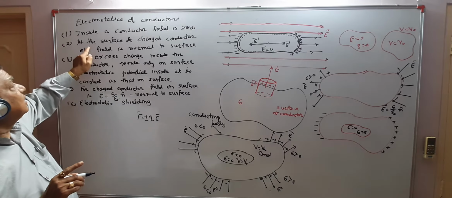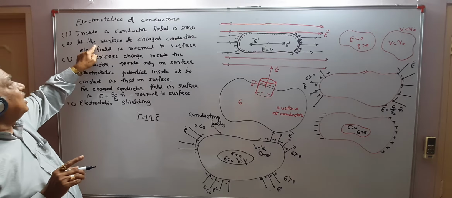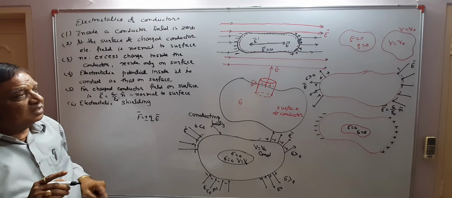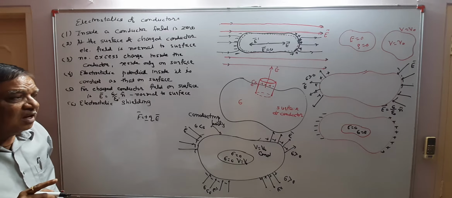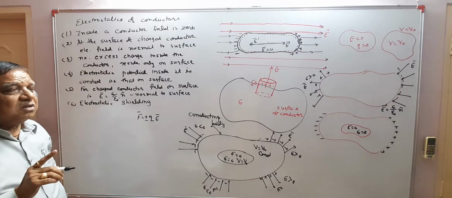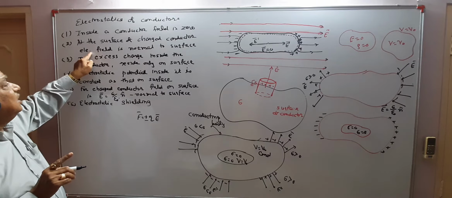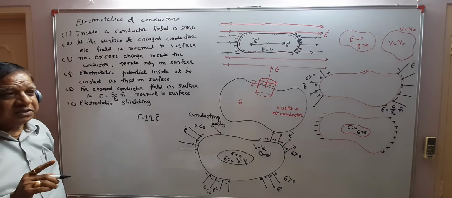Now the second point: at the surface of a charged conductor, the electric field is normal to the surface.